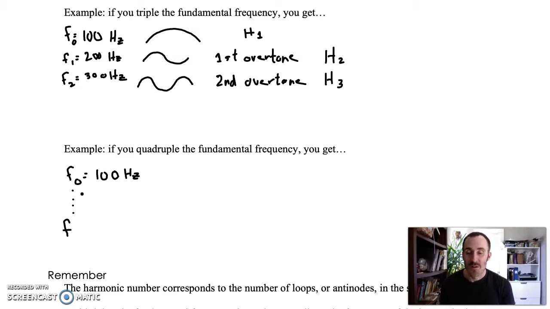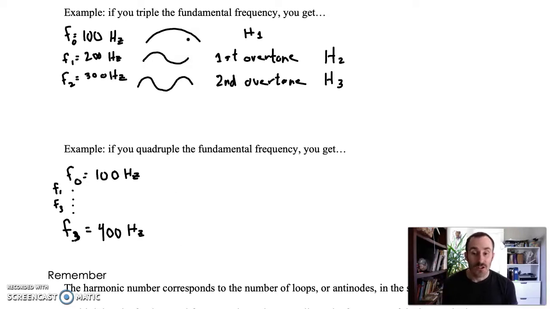You'd still have 0. But rather, you're counting up. So we're going to F3 then. F3 would be quadruple F0, right? F0 is the fundamental, F1 is double that, F2 is triple the fundamental, and F3 is quadruple the fundamental. And so this would be 400 Hertz. You do quadruple the frequency.